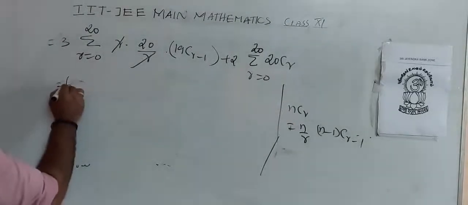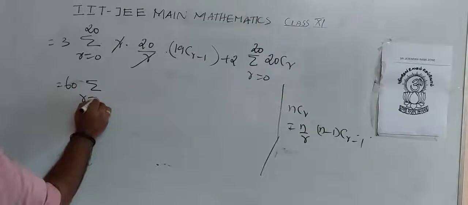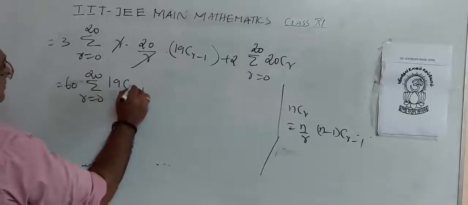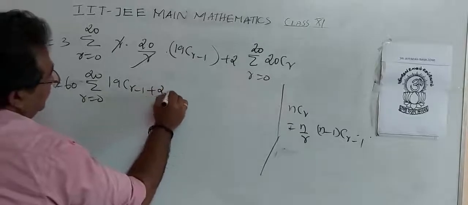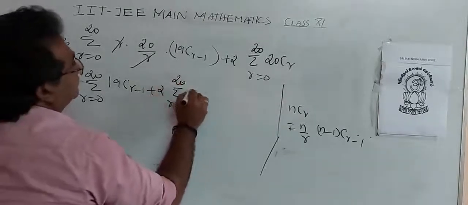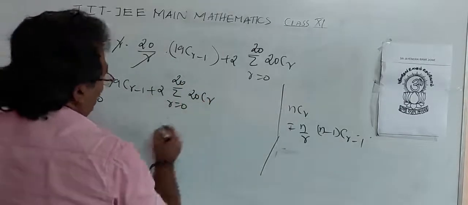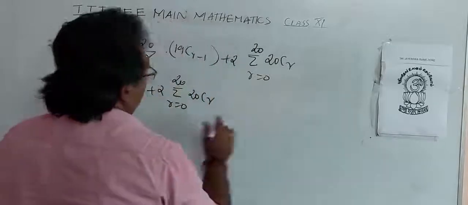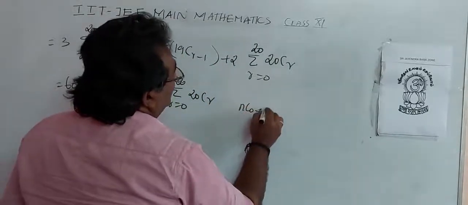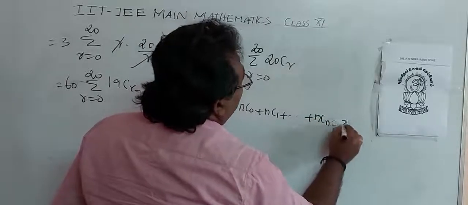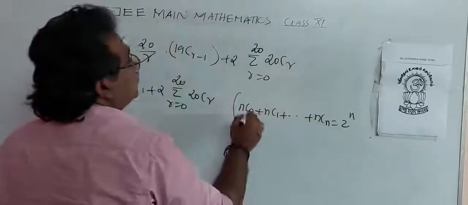Sixty into the sum of R equal to 0 to 20 of 19C(R minus 1), plus 2 into the sum of R equal to 0 to 20 of 20CR. NC0, NC1 up to NCN, that is 2 power n.